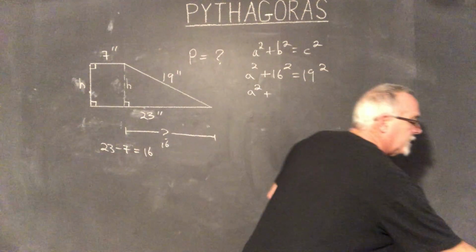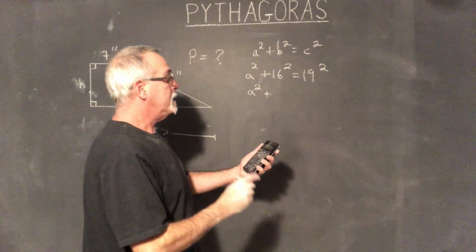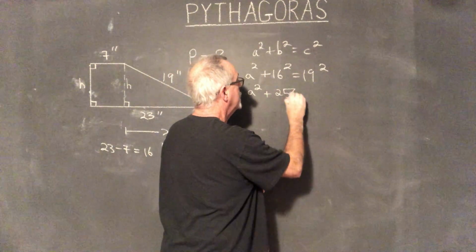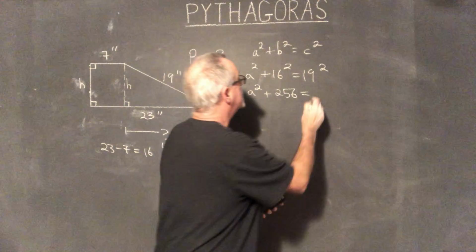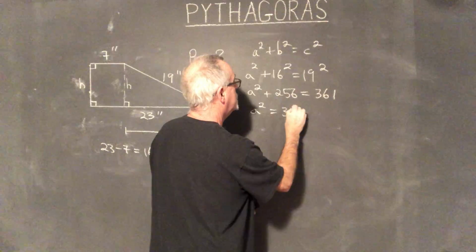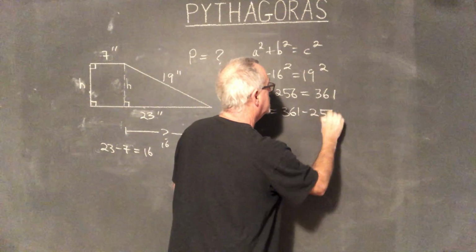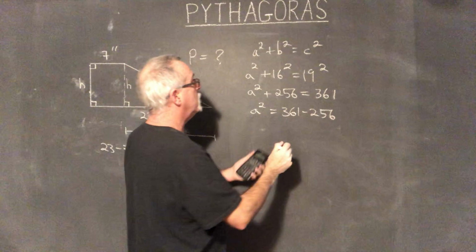And 16 squared is, I'm going to finish this problem. 16 squared is 256. And 19 squared is 361. Algebra says 361 minus 256 equals 105.